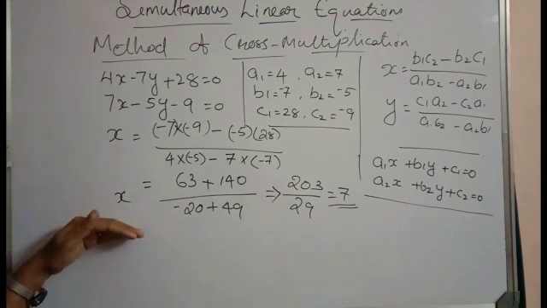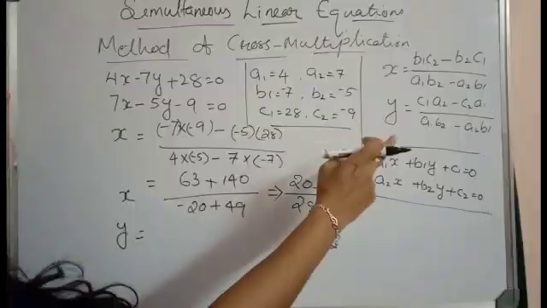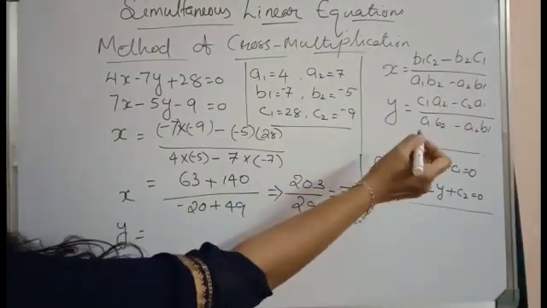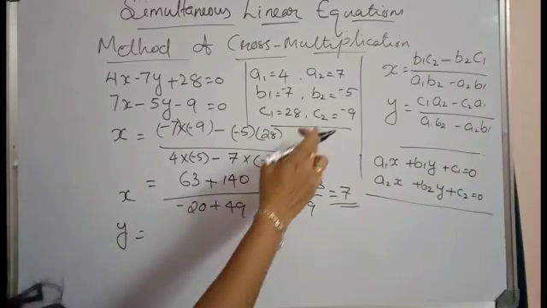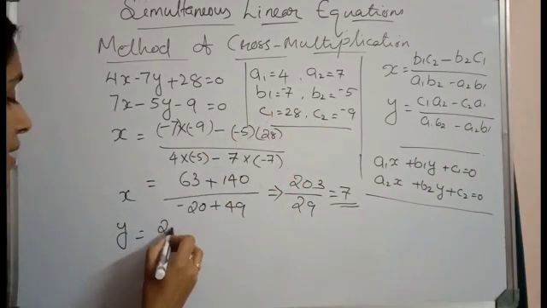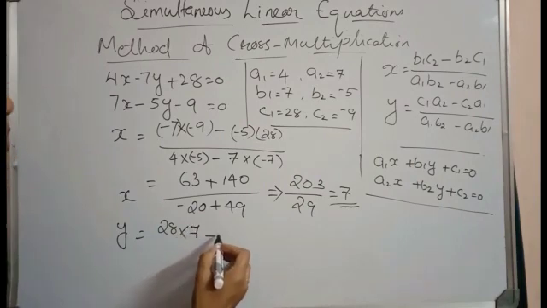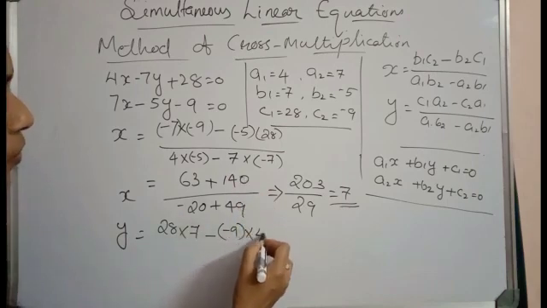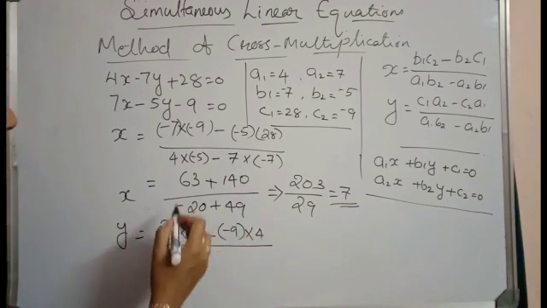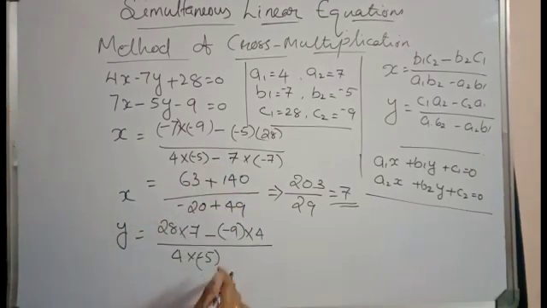Now, the same way, let's find the value of y. So, what is y? y is equal to c1a2 minus c2a1 by a1b2 minus a2b1. Let's substitute the values. What is c1? c1 is 28 into a2 is 7, minus c2 minus 9 into a1. What is a1? 4, divided by 4 into minus 5, minus 7 into minus 7. I have told you the same step you have to repeat here.